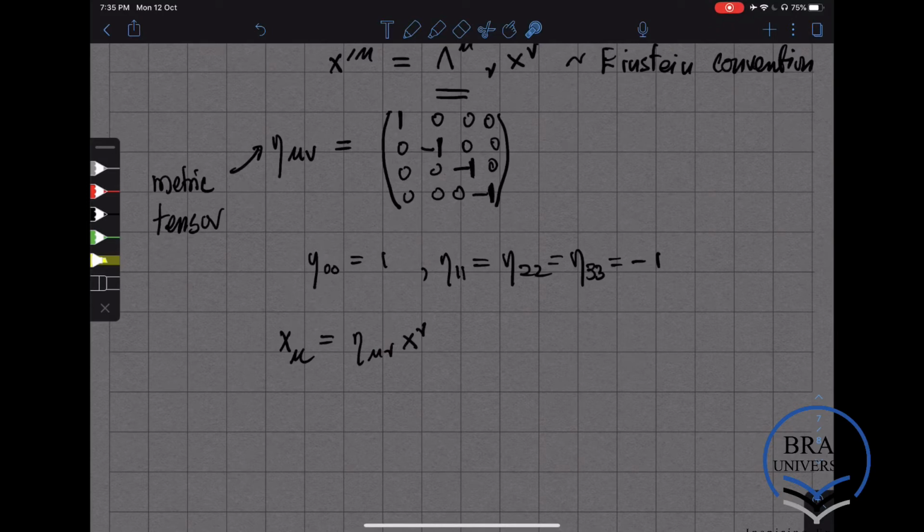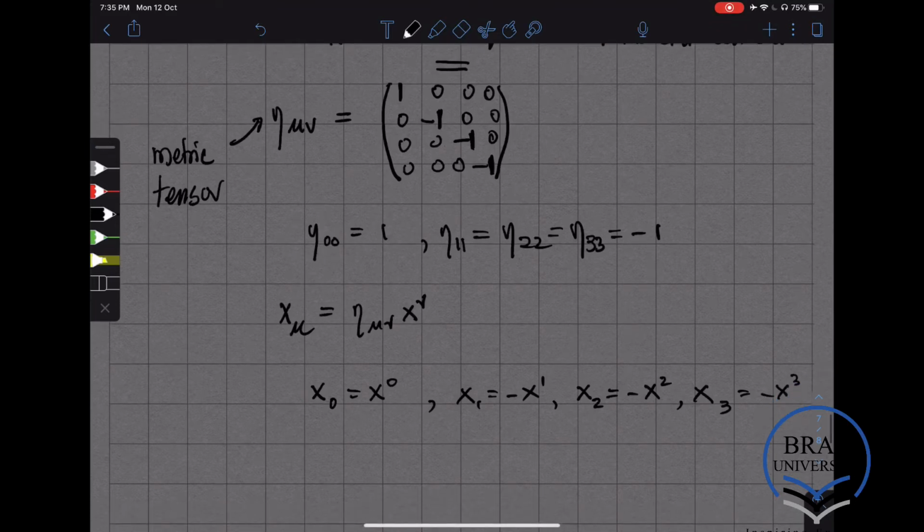It's easy to see that x with downstairs 0 is going to be equal to x with upstairs 0, but x with downstairs 1 will be minus x with upstairs 1. x with downstairs 2 will be equal to minus x with upstairs 2. x with downstairs 3 is going to be equal to minus x with upstairs 3.